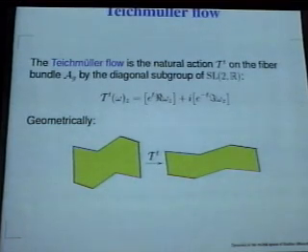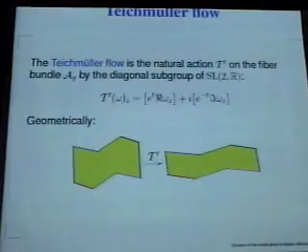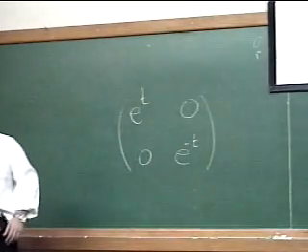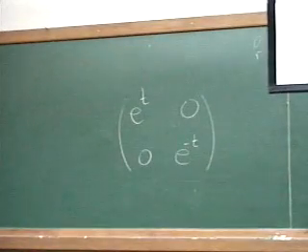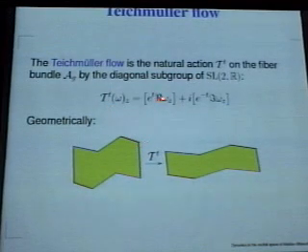The diagonal subgroup is a subgroup of matrices of this form, e to the t, 0, 0, e to the minus t. What it means in formulas is that the Teichmüller flow acts on a one form by multiplying the real part by e to the t, by dividing the imaginary part by e to the t, and that's it.